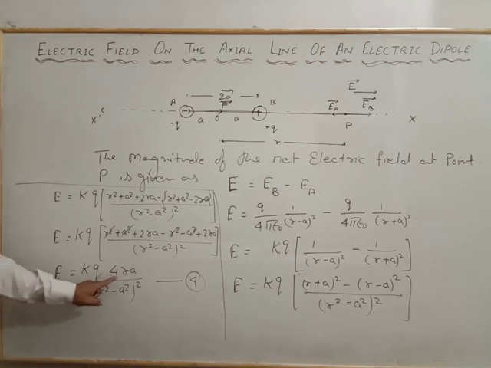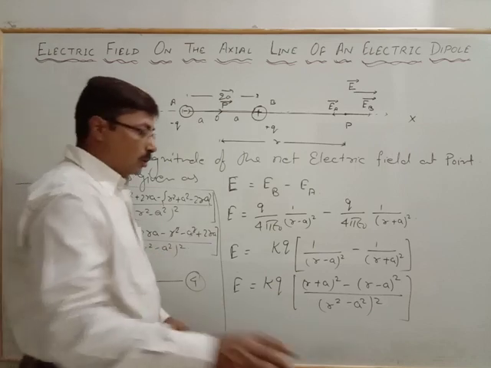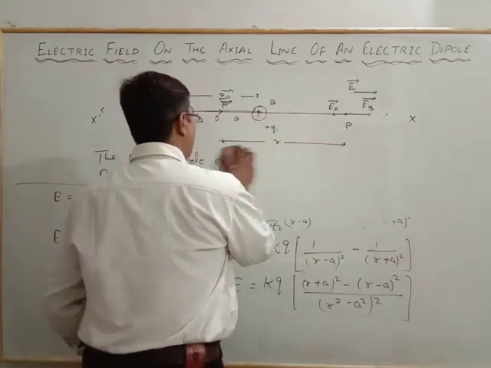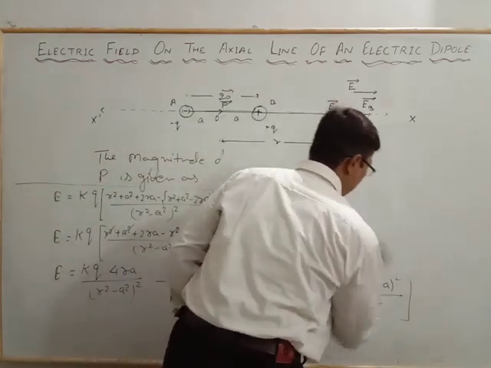Not only that, here we will change the 2a into 2r, that becomes 4ra, and it will be represented by the dipole moment.